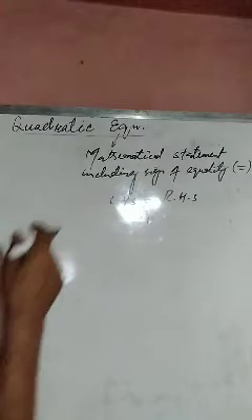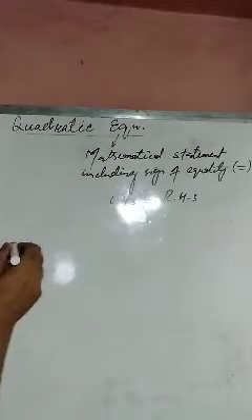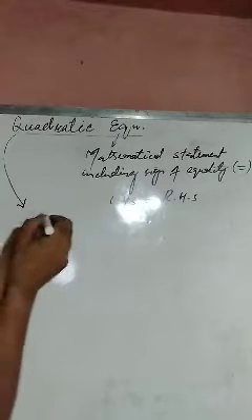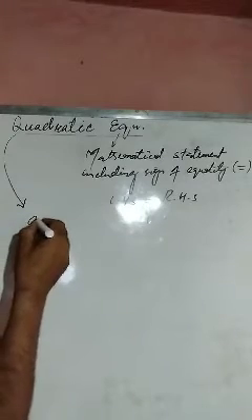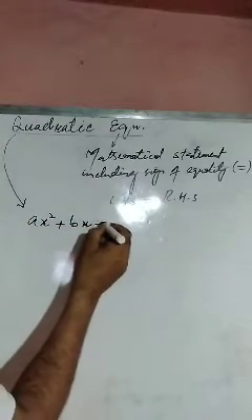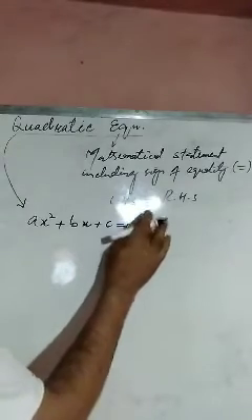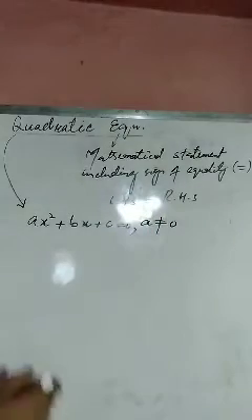After discussing the equation, we can directly go to our topic, that is quadratic equation. What actually is a quadratic equation? Quadratic equations are those equations which can be written in the form ax square plus bx plus c equal to 0, where a cannot be equal to 0.